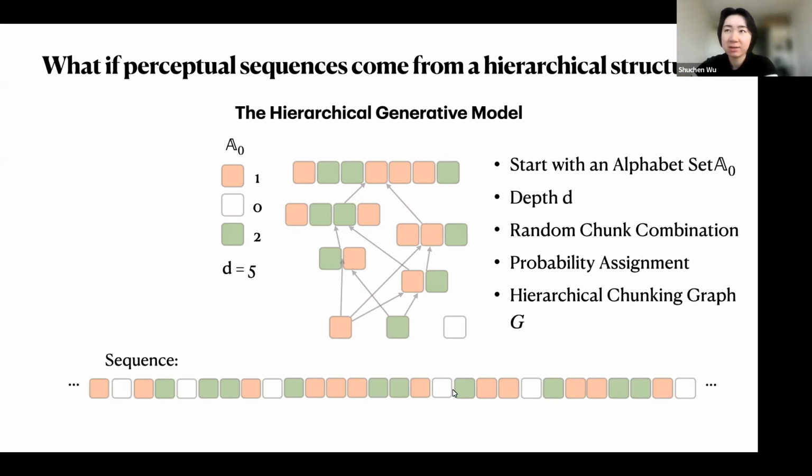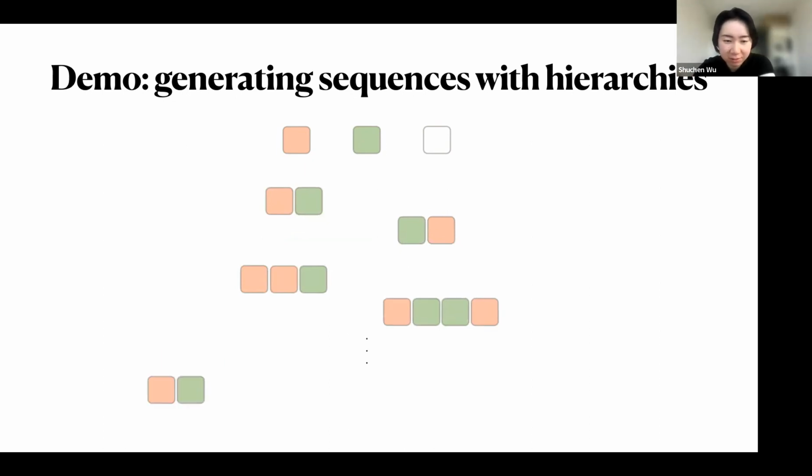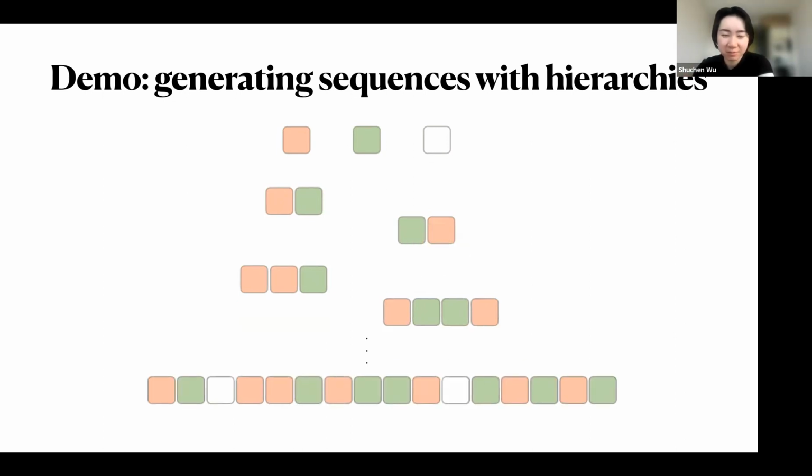So how does it exactly work? I have a demonstration. You start with the elementary atoms, and then you generate combinations of new objects from recombining pre-existing ones, and so on and so forth. Then perceptual sequences are randomly sampled from this set of objects. So that becomes our perceptual sequence.